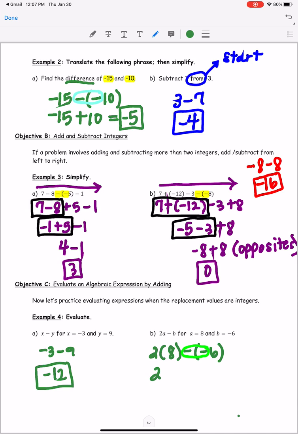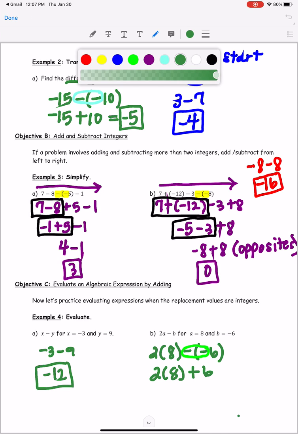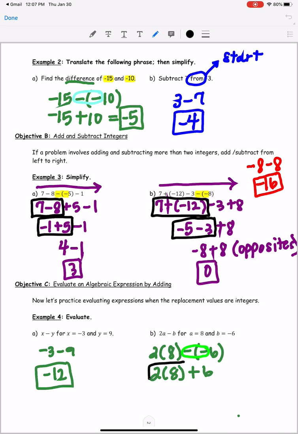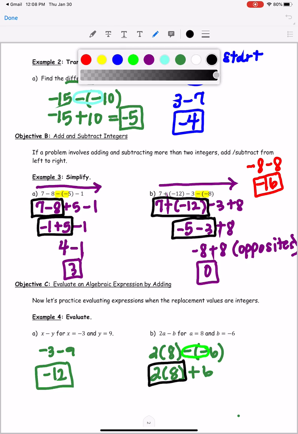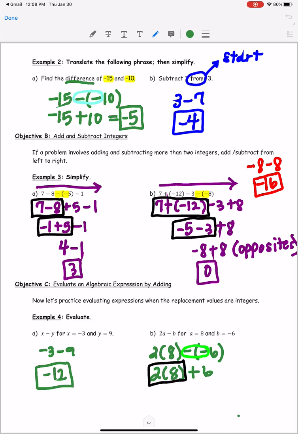So it means I have 2 times 8 and now plus 6. So after we clean it up, now let's use our order of operations. So 2 times 8 is 16. Bring down your plus 6, and 16 plus 6 will give us 22.